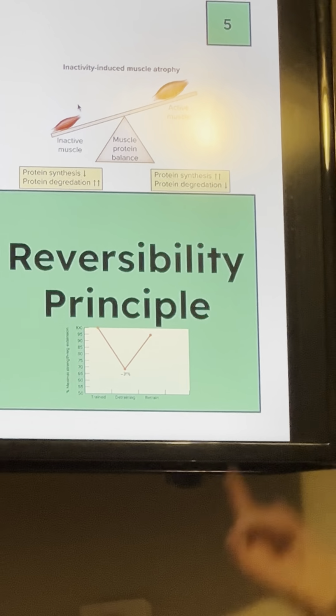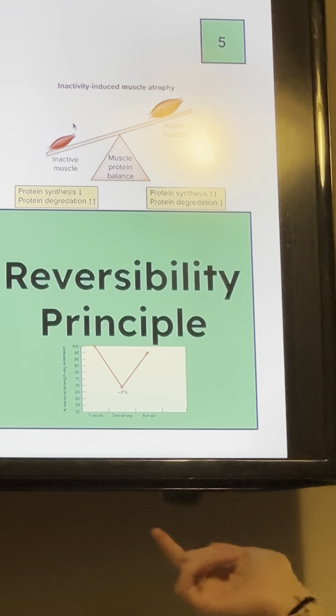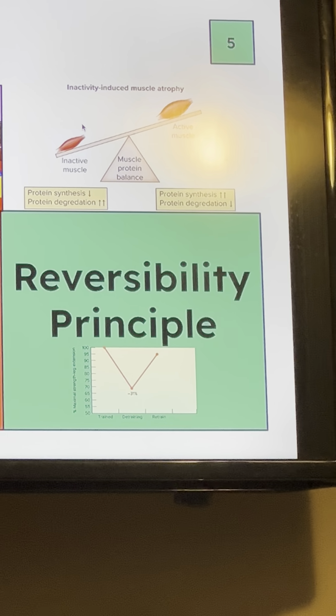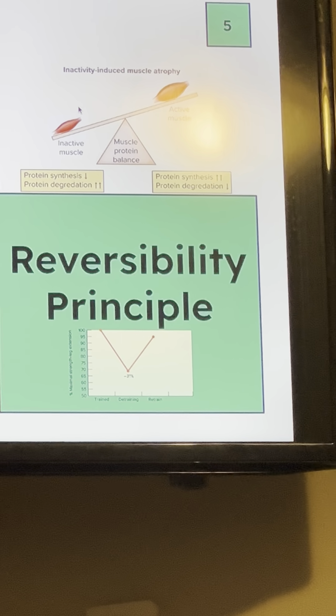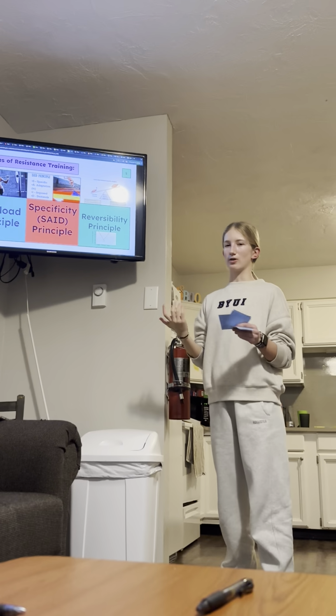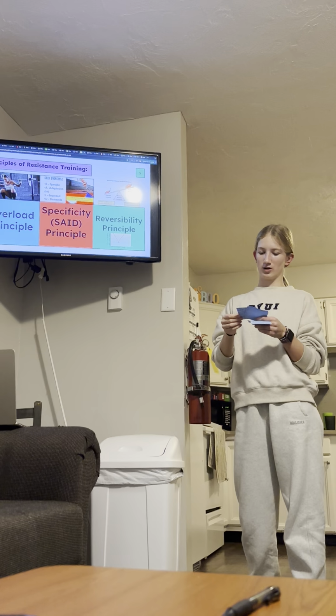And then as soon as you start to retrain again, it's able to go up faster because your body's already used to it. Muscle memory kicks in, so you're able to get back faster, but you're still lower than what you're used to.